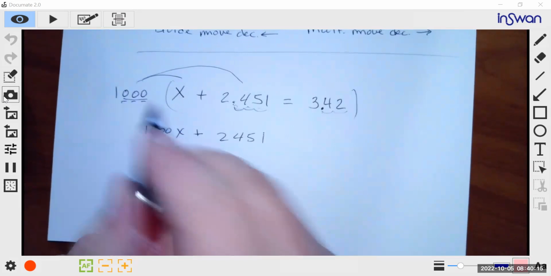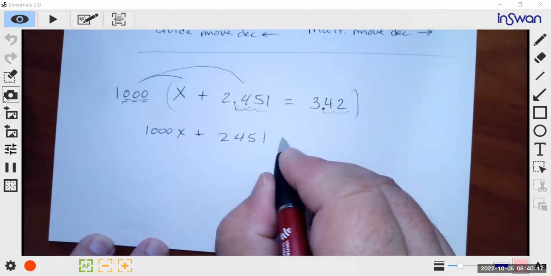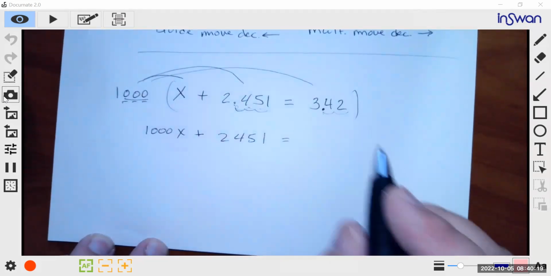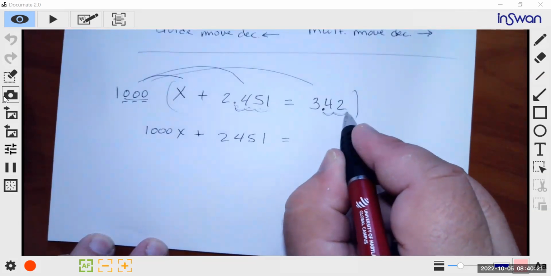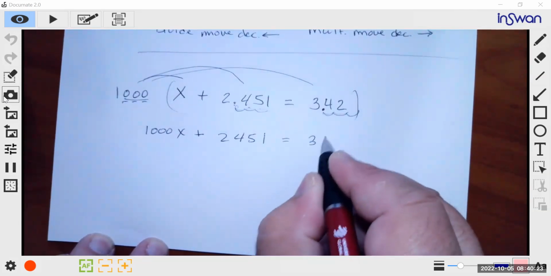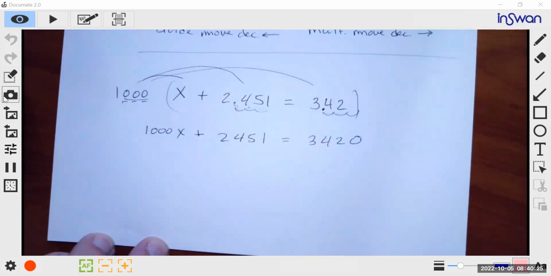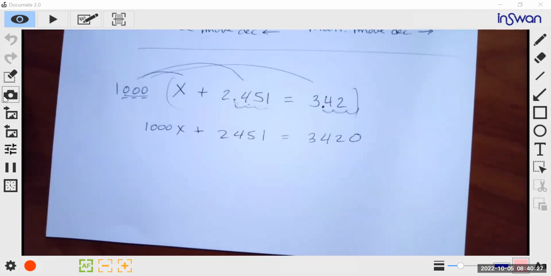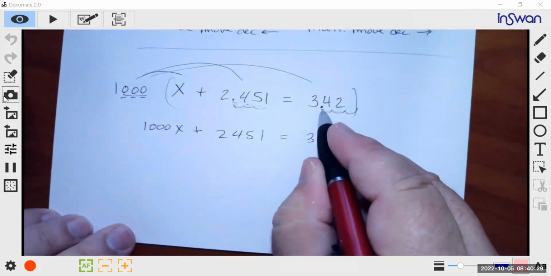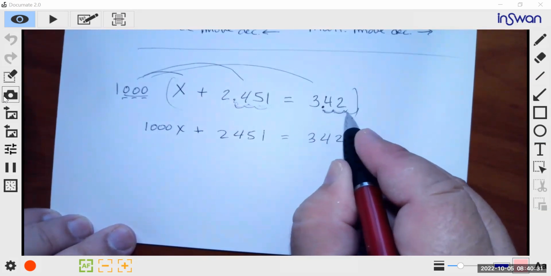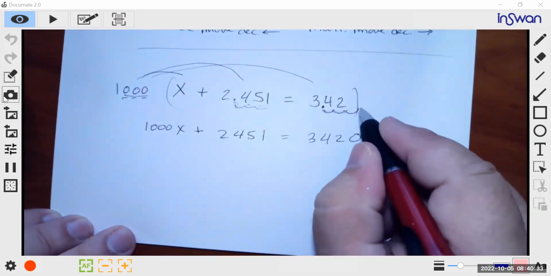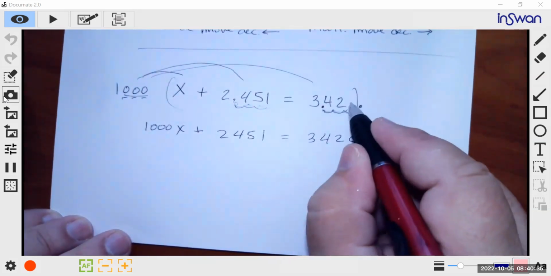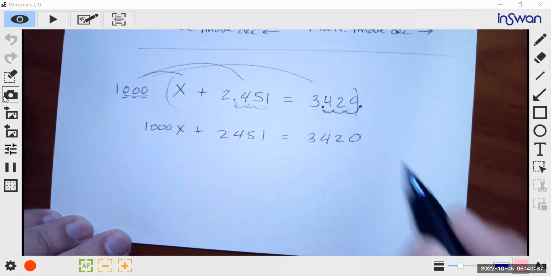I move the decimal 3 spaces. 1, 2, 3. So that becomes 3, 4, 2, 0, because you have to move the decimal to the right 3 spaces. I have another space I put right there.